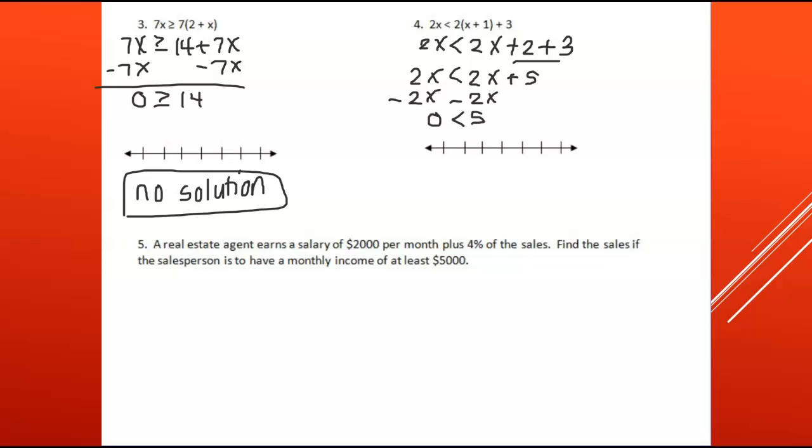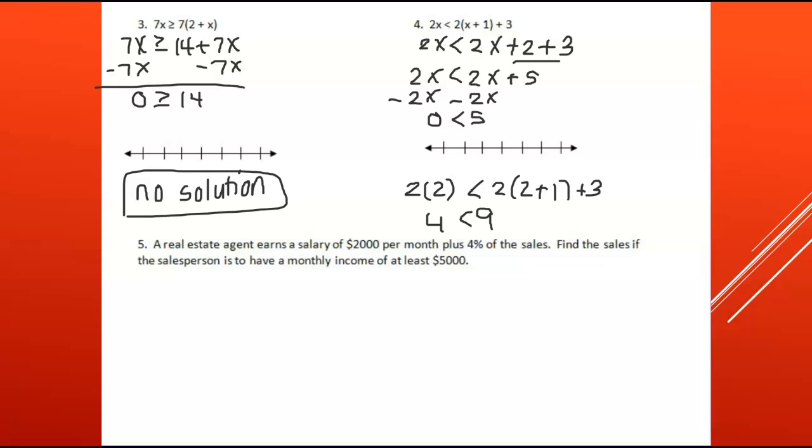So what do you think that tells me about my solutions? Are there none again? Okay. So let's plug in a number. Let's plug in 2. So is 4 less than 9?